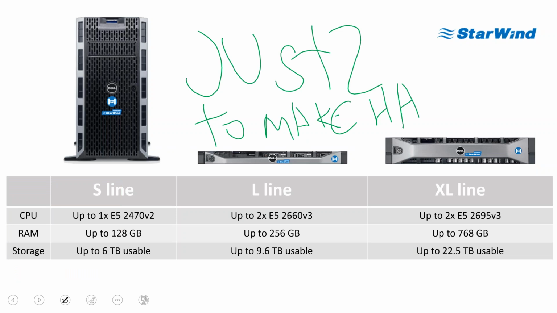So there is one more difference between StarWind HyperConverged Appliance and, I would say, other hyperconverged appliances. I don't want to blame anyone. I don't want to put any strict names in here or anything like that, just to make sure you know what is what and where is the difference between all of them.